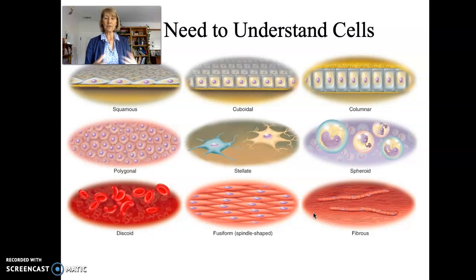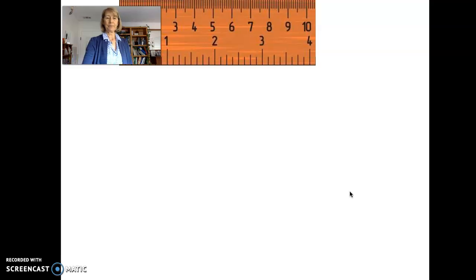There's an incredible variability in cells, and they make up so many different tissues. So this one, this fusiform, for example, is making up muscle tissue. This discoid is your blood, and we'll be able to encounter those as we move along in this class.